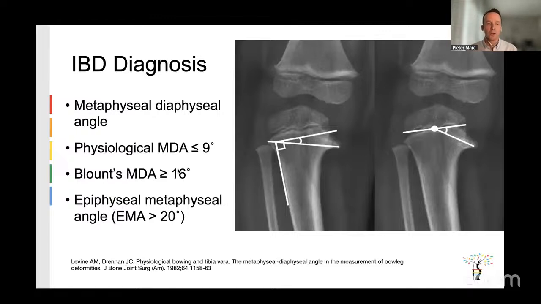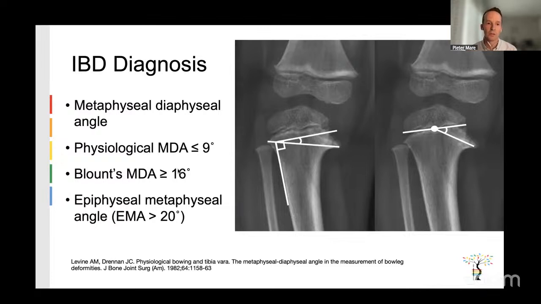So, if you're still uncertain in differentiating between physiological and infantile Blount's disease, there are some measurements that can help. Now, these are by no means the only measurements, but they're the ones that I found the most helpful. This is the metaphyseal diaphyseal angle described by Levine and Drennan in 1982.